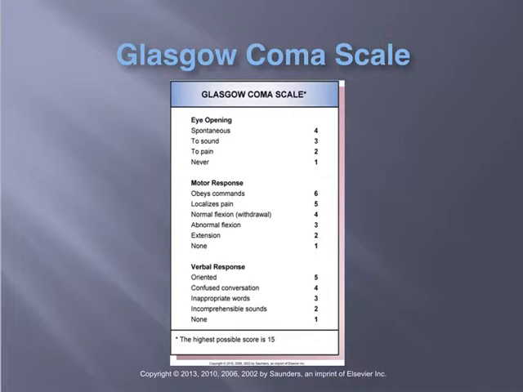When you're assessing it, the eye opening is self-explanatory. You can have them open and close their hands. If they can't cooperate with that, do they react to pain? That sort of thing. And then when it comes to verbal, you can ask questions like what is their name, what's the date, the month, the city they're in, who's the president.